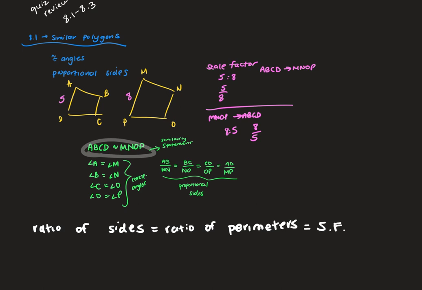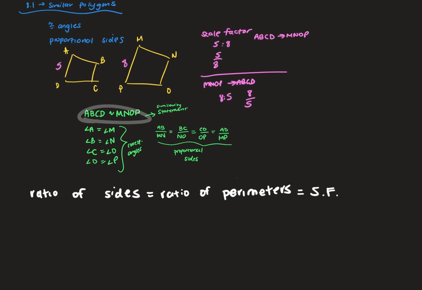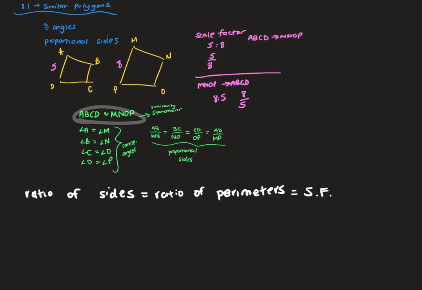All three of those things would be equal. And then if you wanted the ratio of the areas, what would you have to do? Square it. So like if this was A to B, then the ratio of the areas would be A squared to B squared. Yeah, for 8-1, yes. Chapter 1 finished.